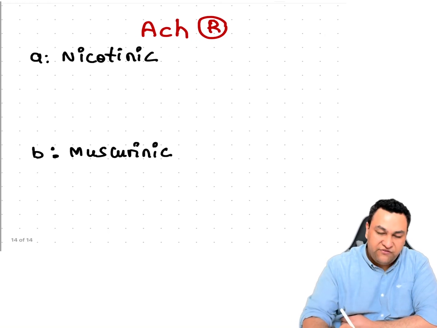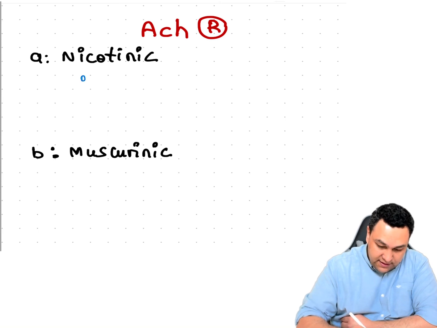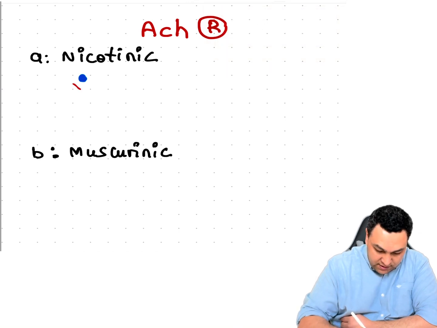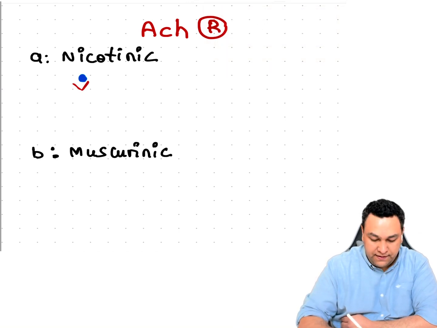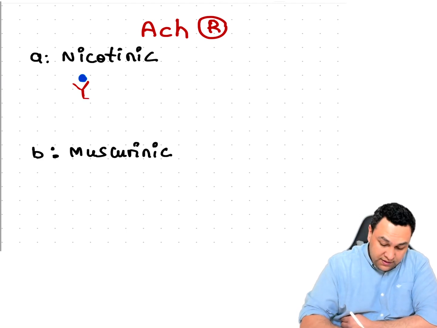Now, let's briefly see how they are acting. For example, this is acetylcholine here. It came and bound with the nicotinic receptor. As it binds with the nicotinic receptor, it is going to open channels. It is going to stimulate specific channels so they can open.